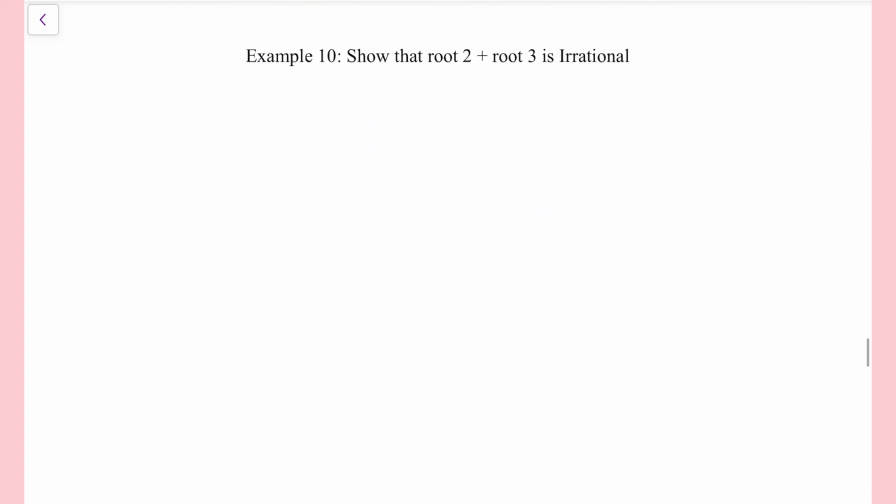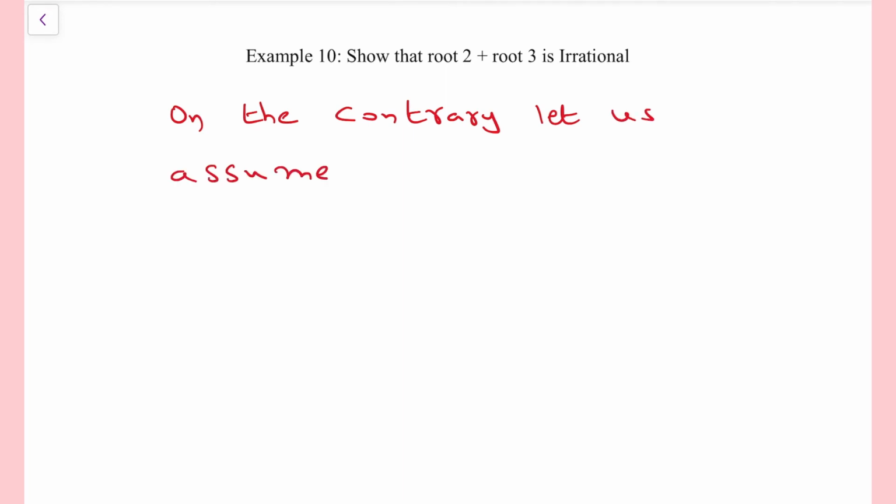Next, show that root 2 plus root 3 is irrational. On the contrary, let us assume root 2 plus root 3 is a rational number.